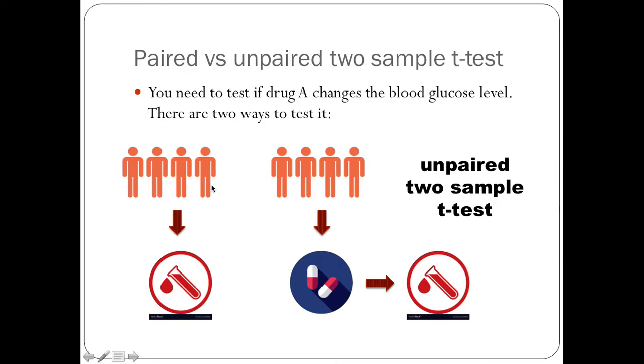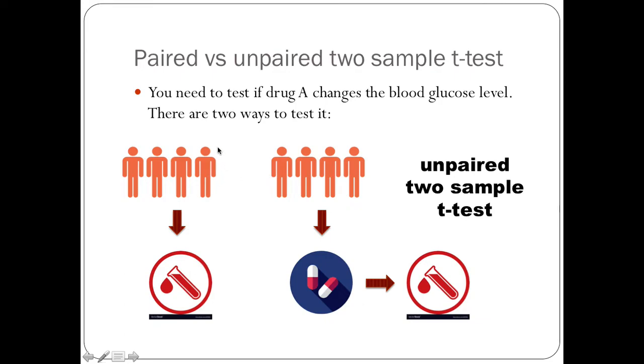For group A, you test their blood sugar straight away. Group B will be the experimental group, where you feed them drug A and only after that measure their blood glucose level. Group A and group B are not dependent on each other, so they are independent.